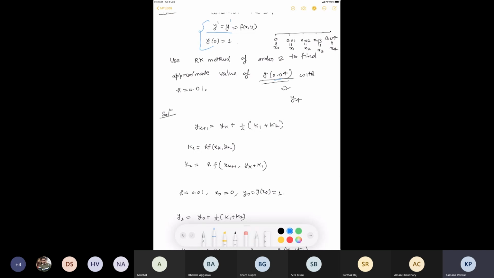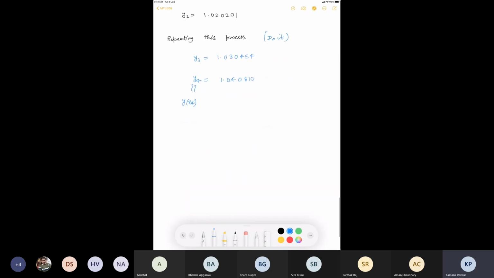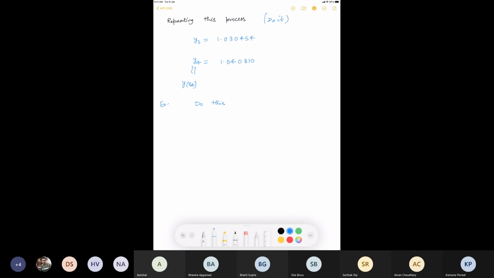That will give you the exact value of y at 0.04, and you can verify whether you get a close approximation using this y4 or not. And the second exercise is to do this problem using the RK method of order 4.